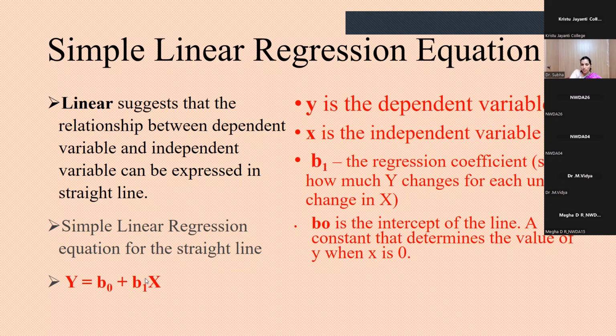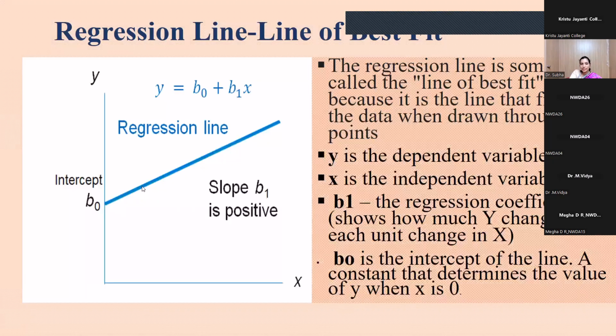What you can identify through this b1 is how much y changes for each unit change of x. b0 is the constant. So this is the regression line, and this is the regression equation.